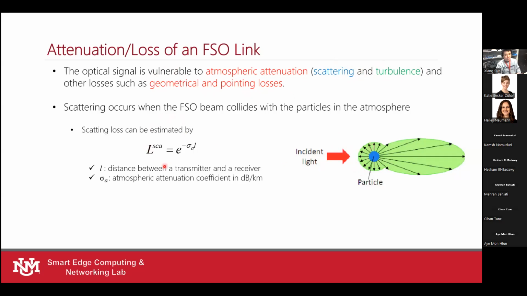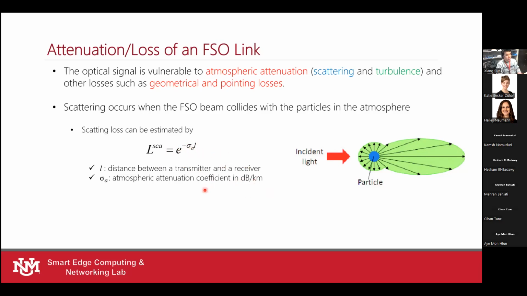We can use this equation to estimate the scattering loss. Here L is the distance between the source and destination, and sigma A represents the atmospheric attenuation coefficient. The unit is dB per kilometer.